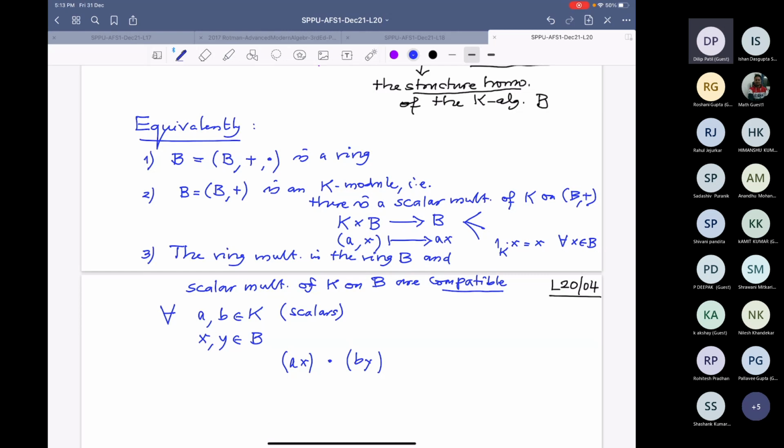On the other hand, we could also do that. We can multiply a and b in the ring K and multiply x and y in the ring B. So this is a ring multiplication in B and this is a scalar multiplication.